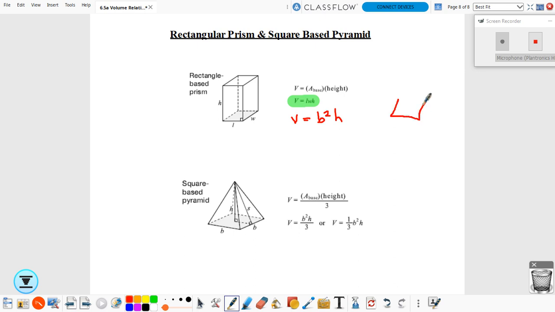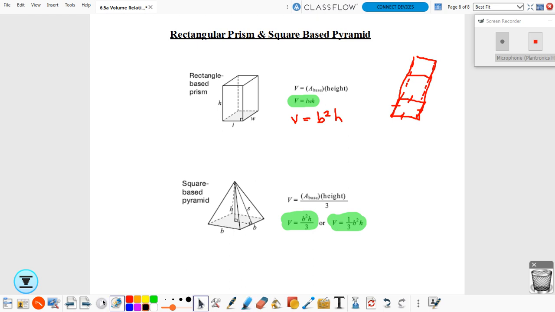Let me try to draw this with the pen, some sort of square, and then another square up here. Okay, let me try this again. Draw a square, and we can connect, it's kind of hiding behind there. Not the best diagram, but nonetheless, we see over here we have B squared times height divided by 3, or just 1/3 of B squared times height.